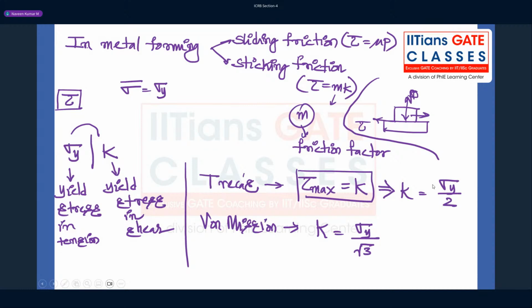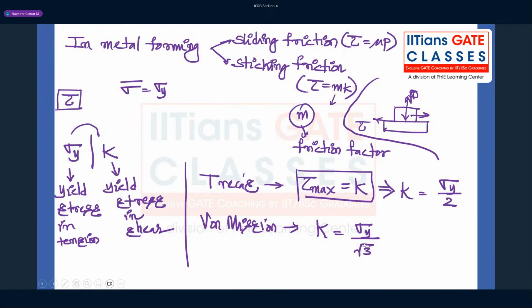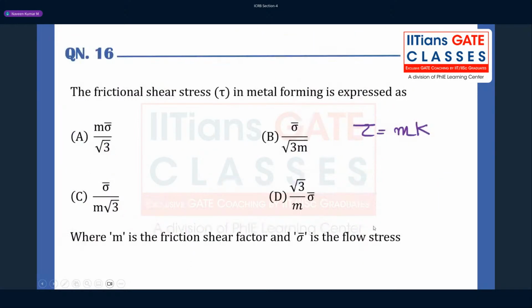Now which one is right? You can substitute k is equal to sigma y by root 3, so m into sigma y by root 3, or you can write m into sigma bar by root 3. Which option is making sense? Of course, the first option is making sense, so this is the answer.